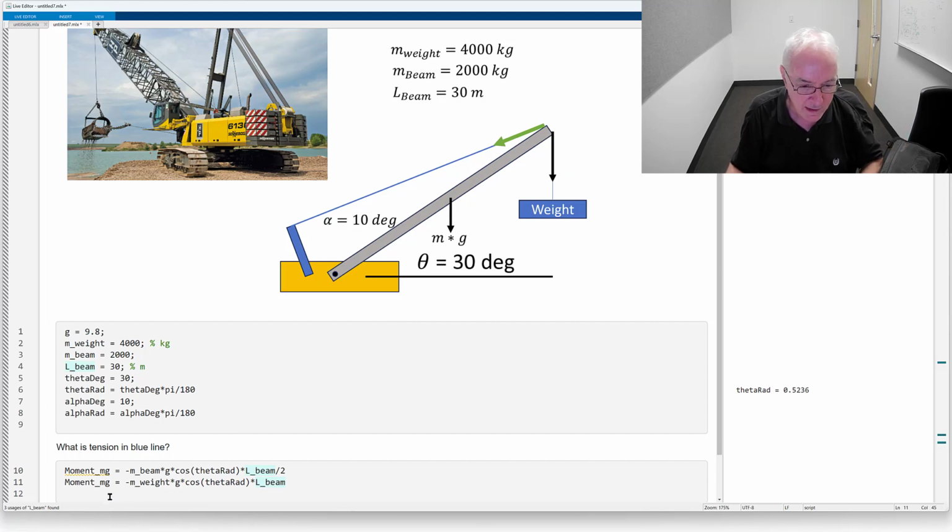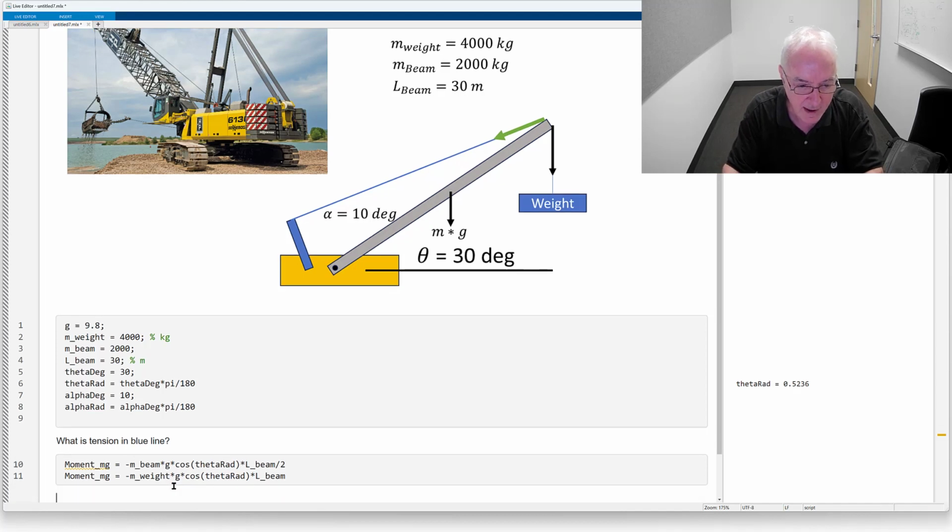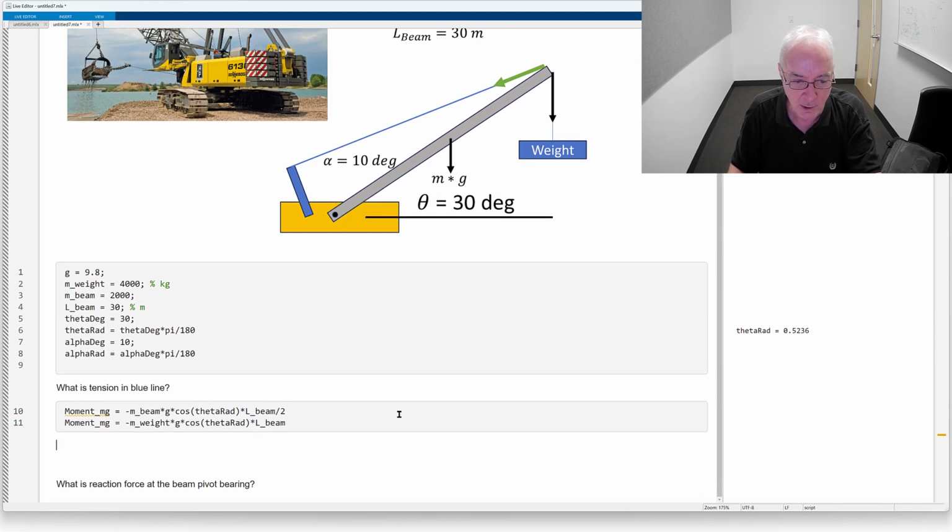And so now I want to just kind of get back into this text mode to show my strategy for doing this is the summation of moments will be equal to 0. Right? And so the moment associated with that tension, well, it's going to be the tension, which we don't know yet. We're going to solve for it through this equation.